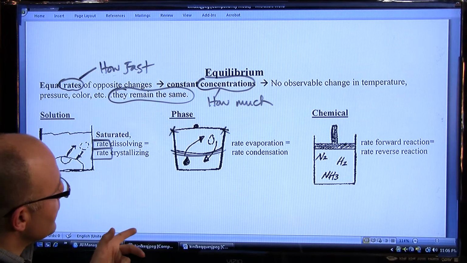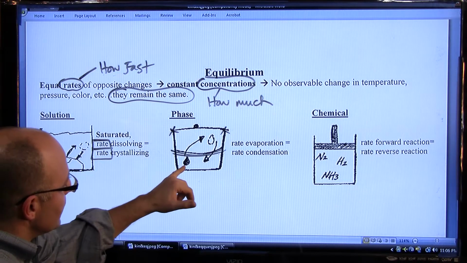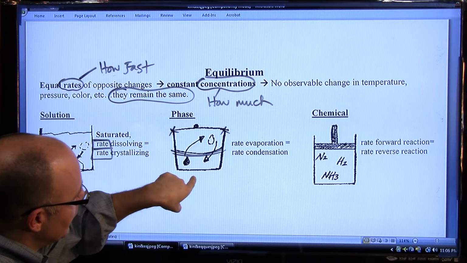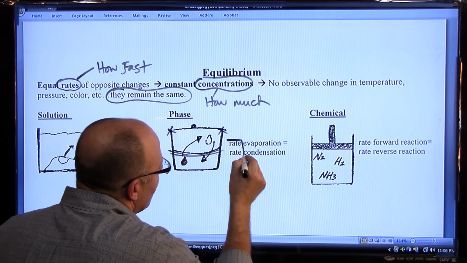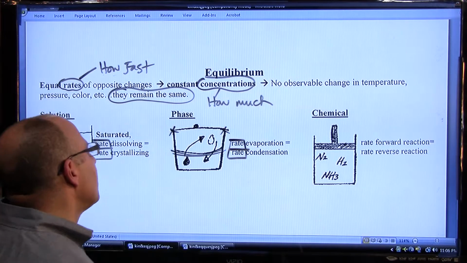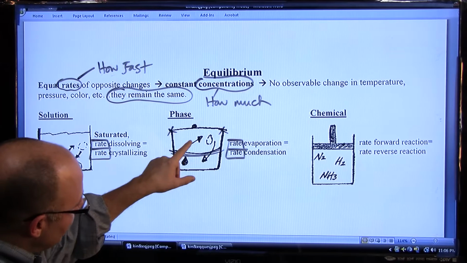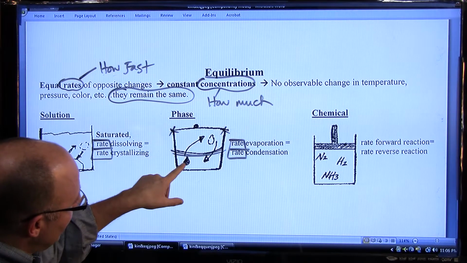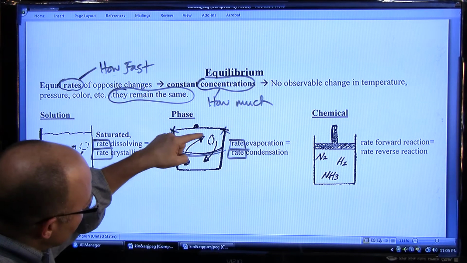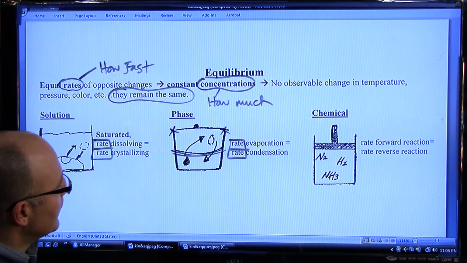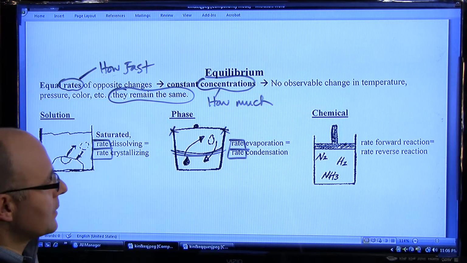What's happening here is it's reached equilibrium between two opposite changes. And the opposite changes here are evaporation and condensation. So at this point, when you see no change in the water level, for every drop of water that evaporates, or liquid that evaporates, better said, it doesn't have to be water, an equal amount of vapor condenses. And that's why the liquid line remains the same.